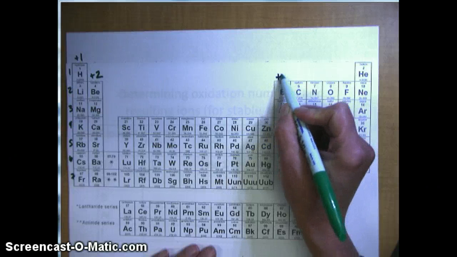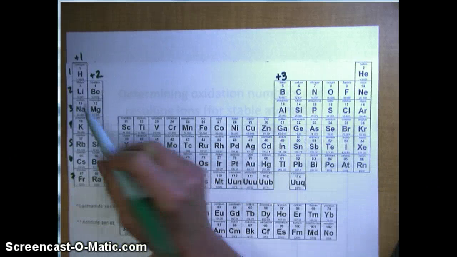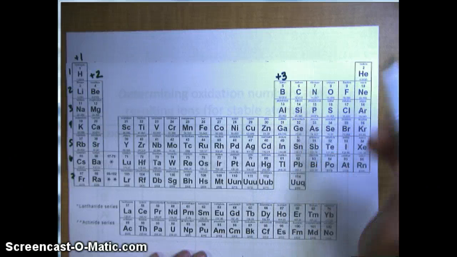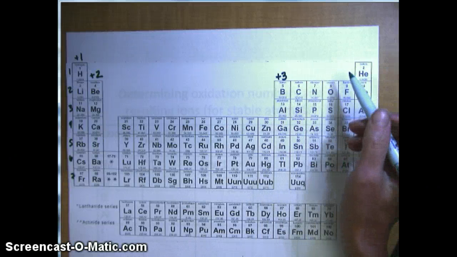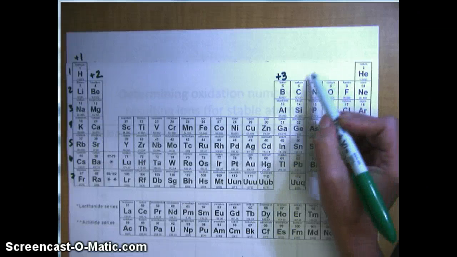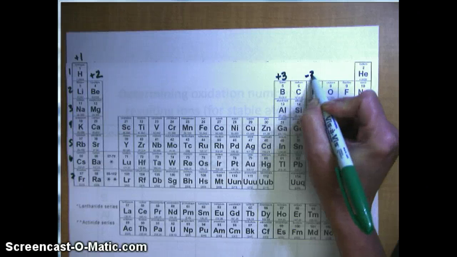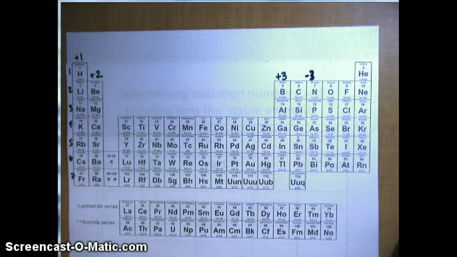Well, it's easier to lose 3, so it's going to become a positive 3 ion and have a positive 3 oxidation number. We can skip the carbon group. The nitrogen group has 5 valence electrons, and therefore it's going to be easier to gain 3 to make 8 and look like noble gases. And if it gains 3, it's going to have a negative 3 because each of those electrons carry a negative charge.